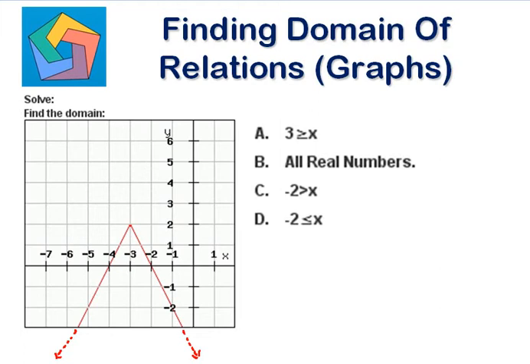If we try to see the x values, we will be getting all the x values on the x-axis continuing till positive infinity and from the left side till negative infinity. So we can say the domain here is all real numbers.